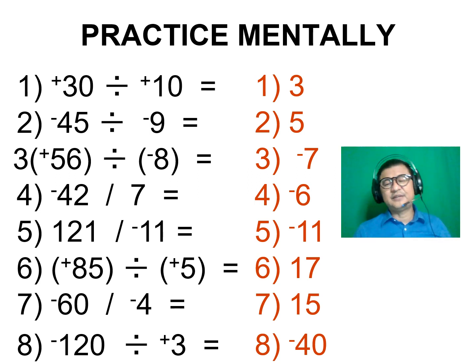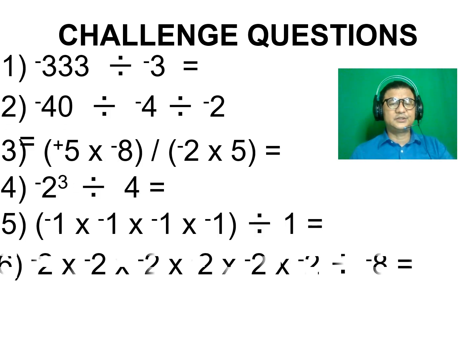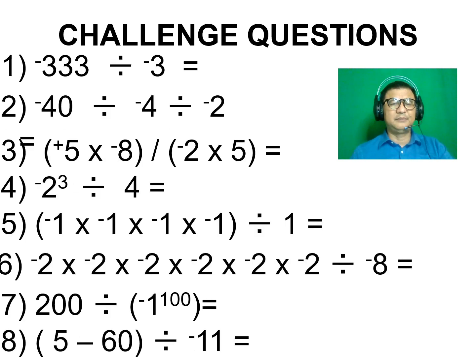Okay, now let's have some challenge. Remember, two at a time. I'll give you the first two examples and then you'll work on the next problems. Here we go. Challenge questions. I'll give you 8 problems. So let's try the one with the mixed problems here. 8 times 5 is 40.